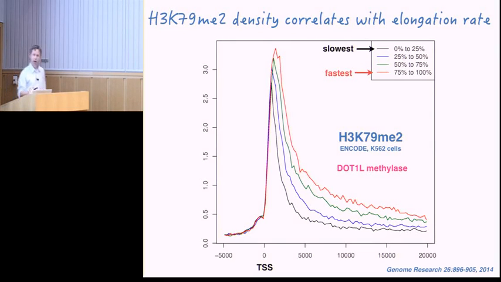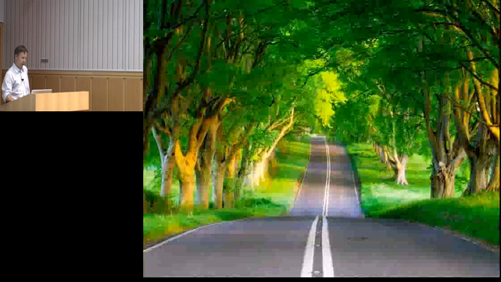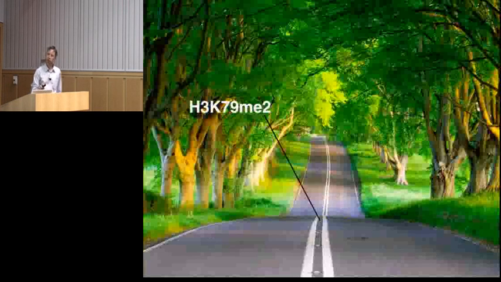So we're currently inhibiting DOT1L to see whether the prediction would be that if we inhibit DOT1L, we could slow down the elongation rate, if this is correct. So these studies showed us that there were factors that stimulated elongation rate, and this was one of them.